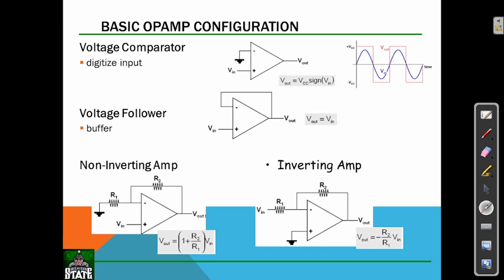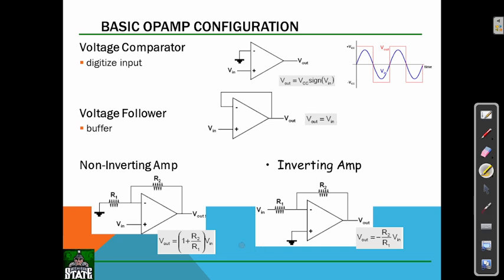In the non-inverting amplifier, we have the input voltage at the positive terminal. At the negative terminal, we have a resistor to ground, and again one feedback resistor. Then we have the output voltage.